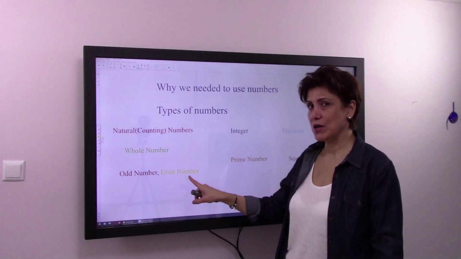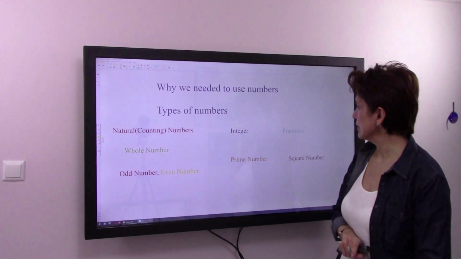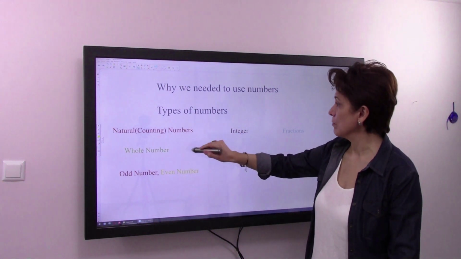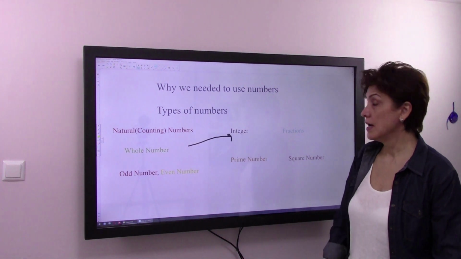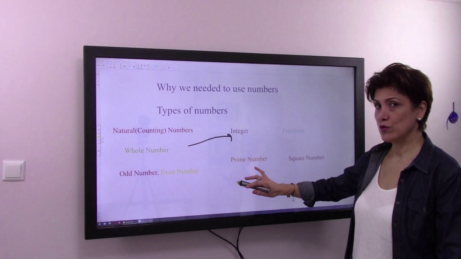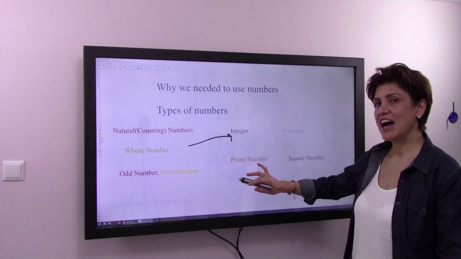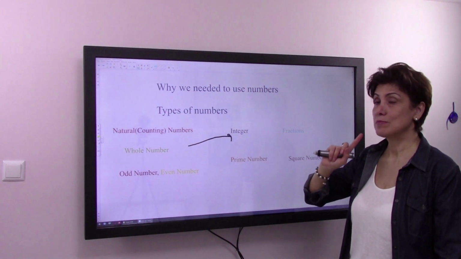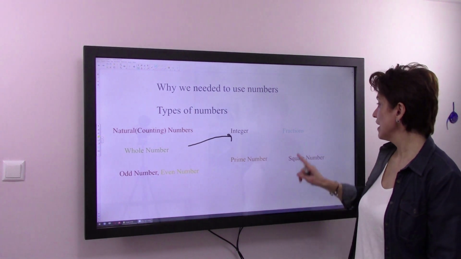If we can divide by 2 exactly, we call it even. If we add negative numbers to whole numbers, we get integers. Prime number has just 2 factors, which are 1 and itself, and it is bigger than 1. 1 is not a prime number. This is an important point.